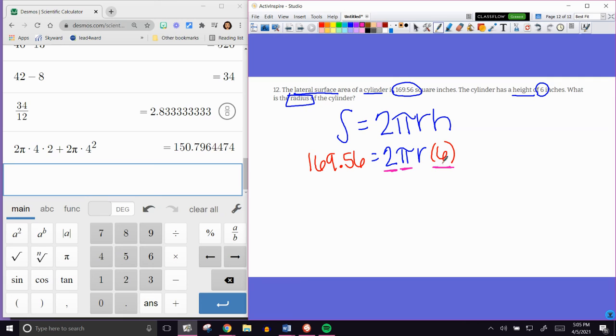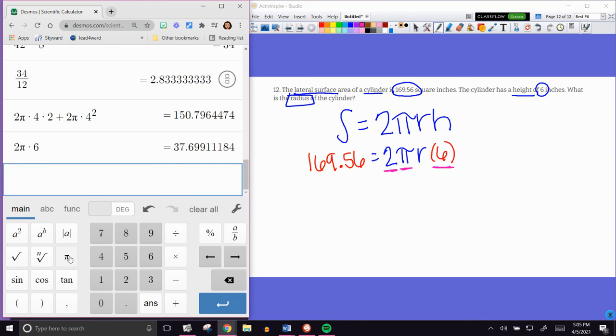So I am going to actually multiply those things together. 2 times pi times 6. The reason I did that is because I'm trying to make an equation. So I have 169.56. When I multiply those together, that is like making my coefficient. So 37.7 R. Still have that R there.